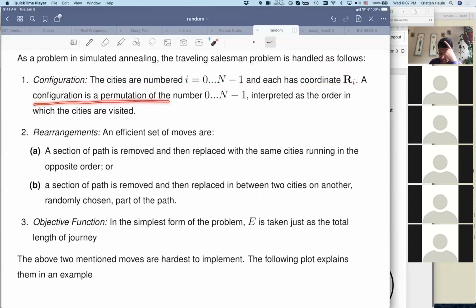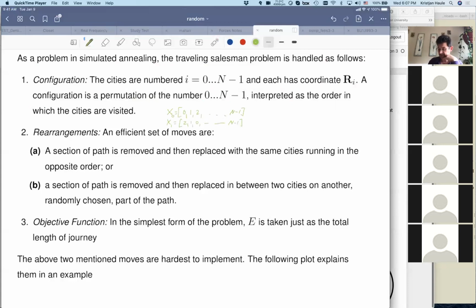A configuration is a permutation of the numbers between 0 and n-1, interpreted as the order in which the cities are visited. So if you have a configuration like 0, 1, 2 to n-1, this is one possible configuration. You can have another configuration which is, let's say, 2, 1, 0, and so on, n-1. Basically the two configurations are configurations in which you visit the cities in a different way.